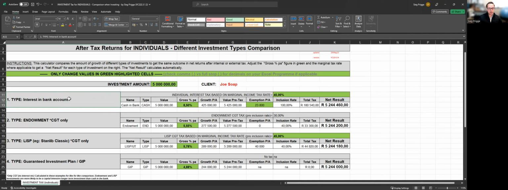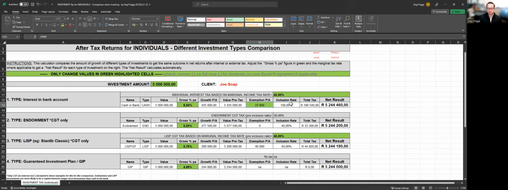Let's go through the bank account case here. So if you invest 5 million and you get 8.5% interest rate per annum, that's 425,000 per annum. The value you get pre-tax is 5,425,000.